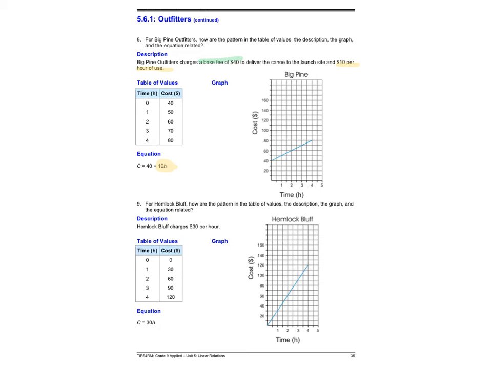Thinking back to previous lessons, we used our first differences off of a table. To get your first differences, we took the lowest value on a table and subtracted the value right above it. So 80 minus 70. That gave us an answer of 10.